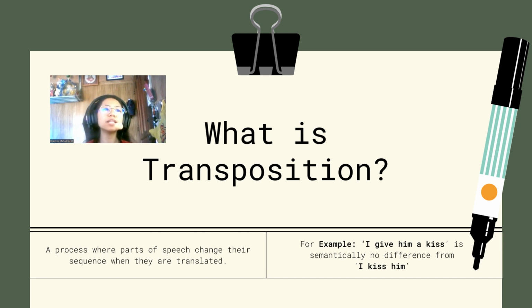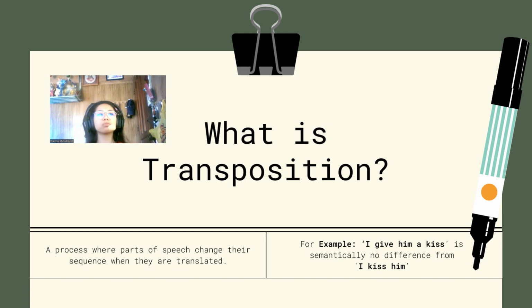Well, according to Vinay and Dalbernet, the first expression can be called the base expression, while the converted form of the word kiss as a verb is called the transposed expression. As a result of the divergence of language systems between SL and TL, this strategy of altering words without semantic change is undertaken probably most commonly and even sometimes necessarily by translators.